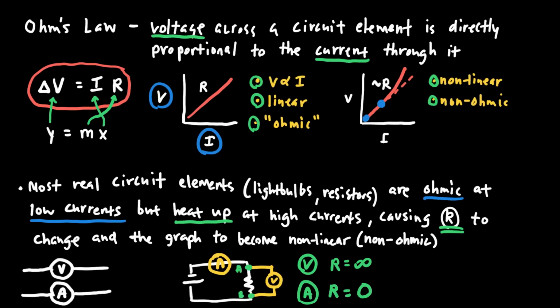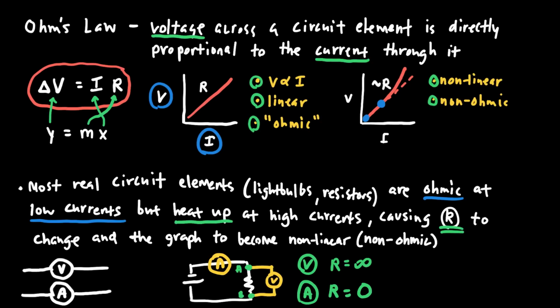Let's think about why this might be the case. If the ammeter has zero resistance, then as the current flows through the resistor, unimpeded, it will flow through the ammeter. The current in the resistor and the current in the ammeter has to be the same no matter what, because physically there's not another path to travel along. But if that ammeter had any resistance, it would affect the current in the circuit. The equivalent resistance would be different.